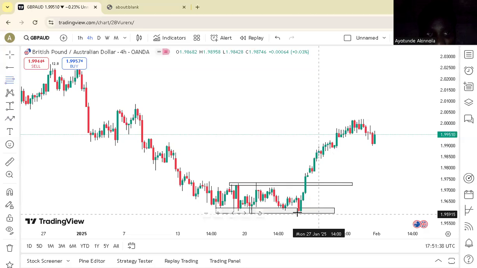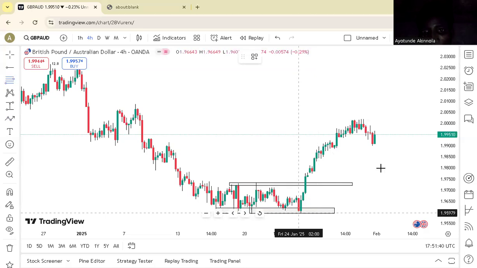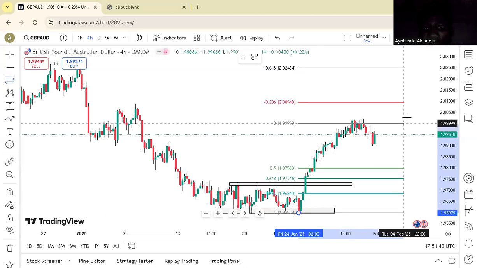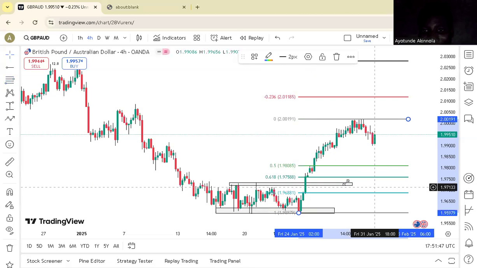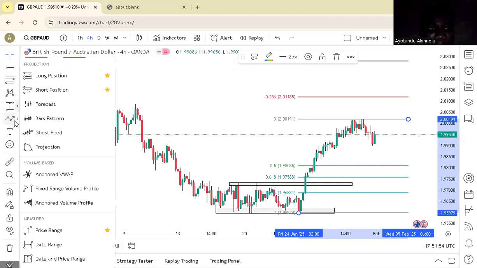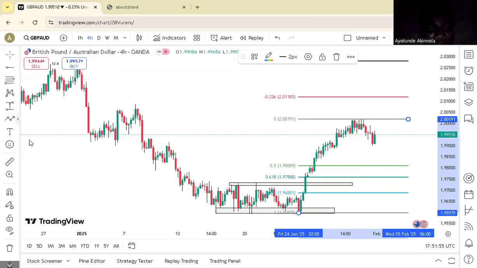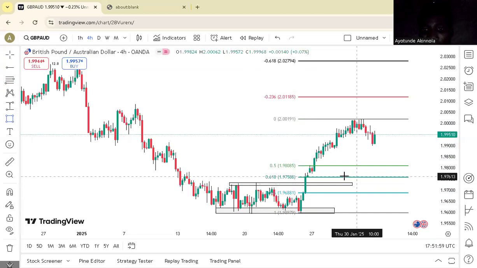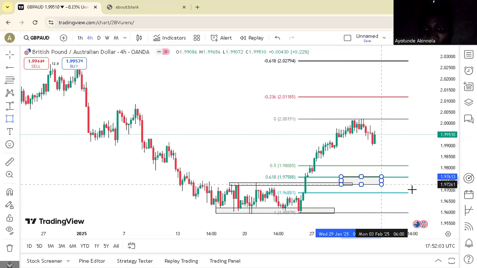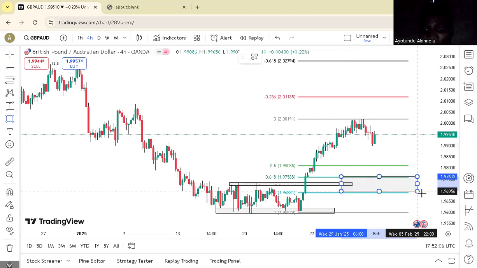So using Fibo from this bottom to the top, just like I said, I'm waiting for price, for GA to come back to this point.